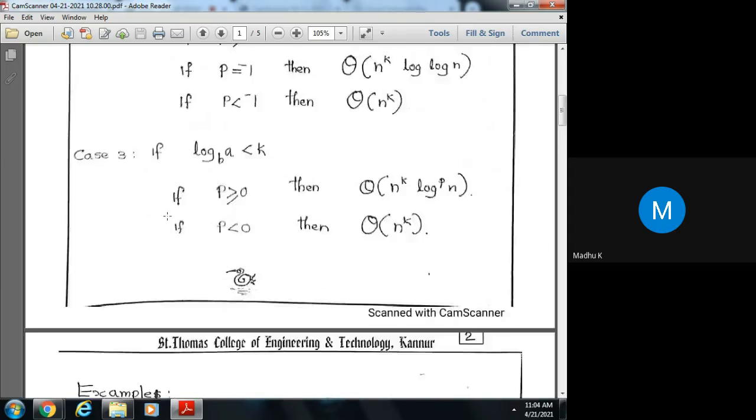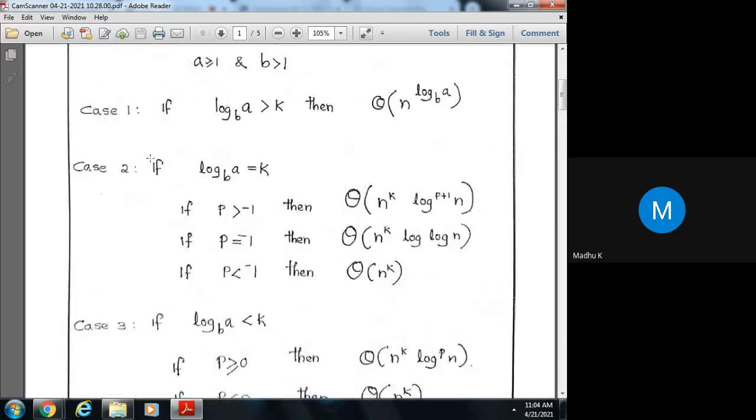This is our procedure. Case 1: if log base b a is greater than k, then this will be the complexity. So basically we compare log base b a to k, then take some action.